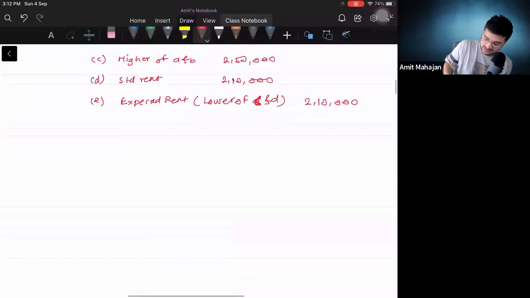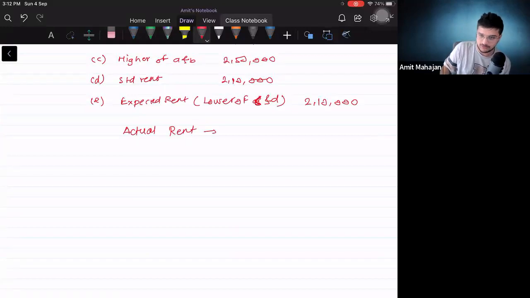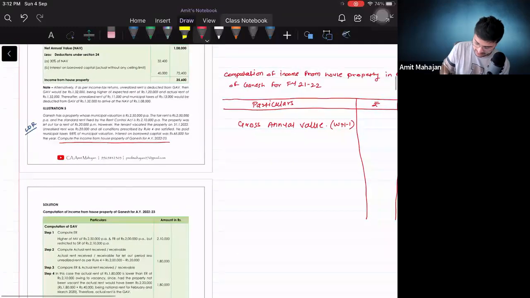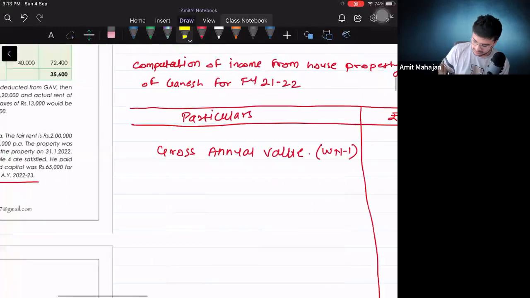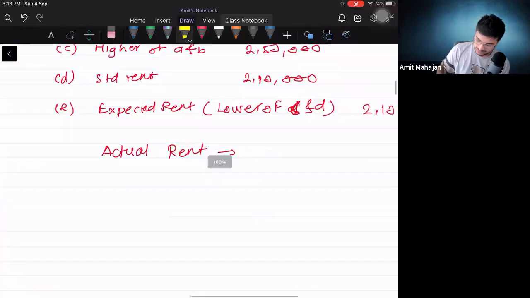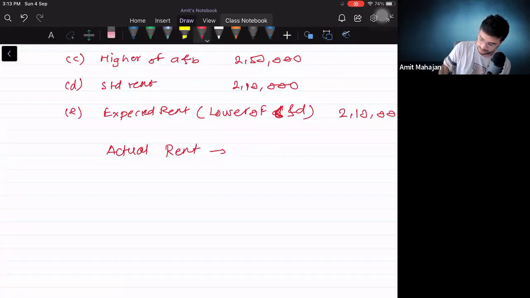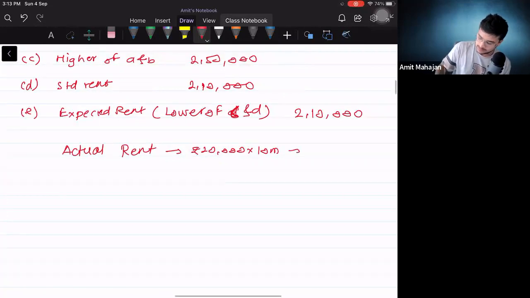Then 2 lakh 10. 2 lakh 10 के बाद हम लोगों को क्या लिखना है? Actual rent. Initially actual rent is for how many months? कितना था actual rent कितना था? 20,000, right? Let out for 20,000 per month. Can I say 10 months के लिए दिया था? 10 months, it will be 2 lakhs.